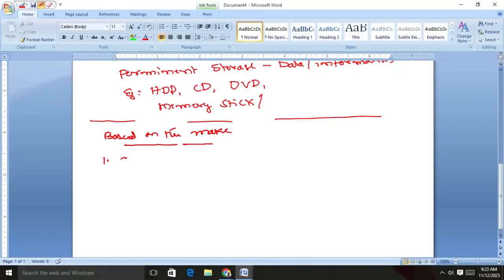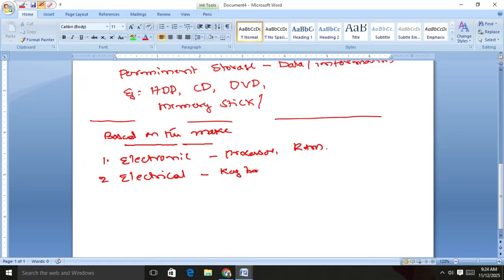Some of them are pure electronic components, for example the processor and RAM. Some of them are electrical components, for example the keyboard and printer.